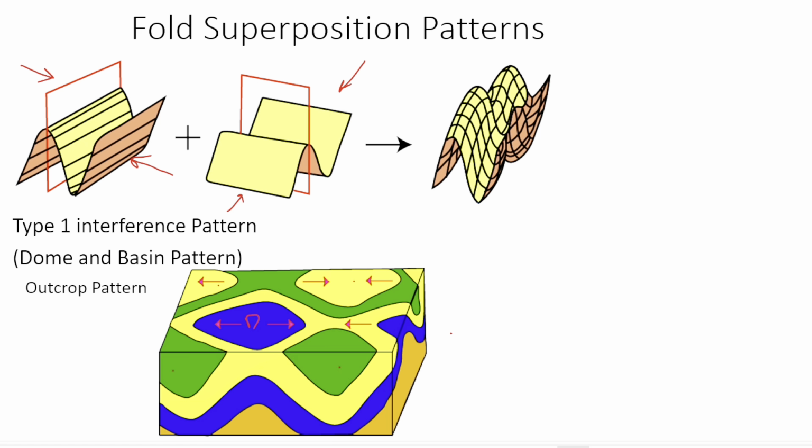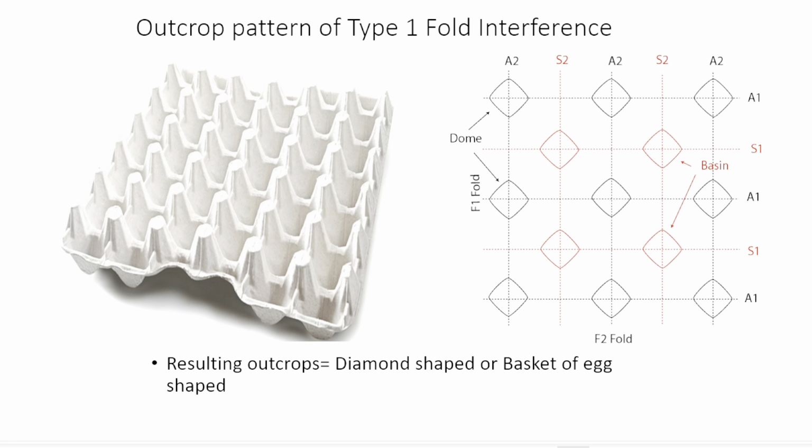For more clarity, I have added one more slide. Suppose this is the axial plane of F1 and this is the axial plane of F2 fold. This one is for F1 and this one is for F2.